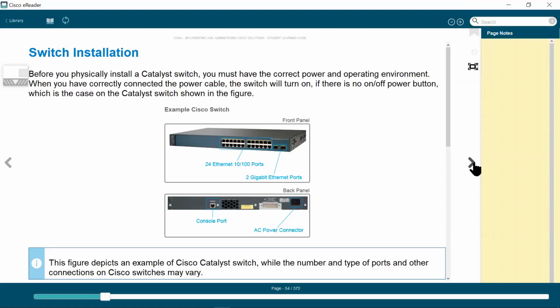I was looking at one study guide, and it was giving areas to focus on, and it was saying that network access was 20%. Network fundamentals was 20%.